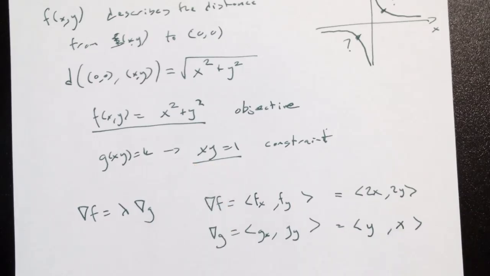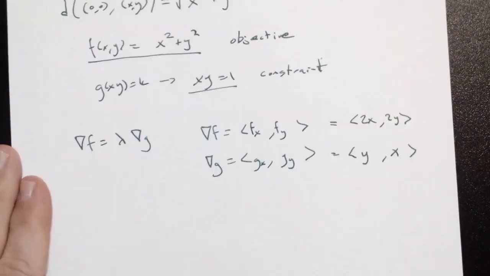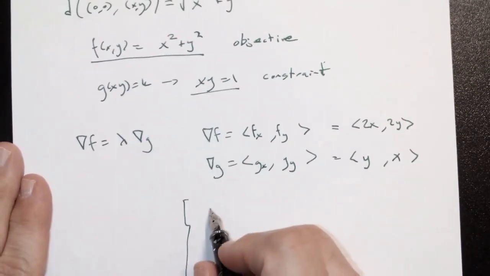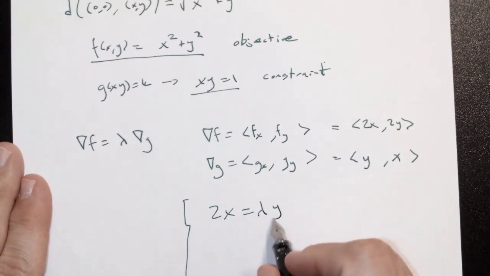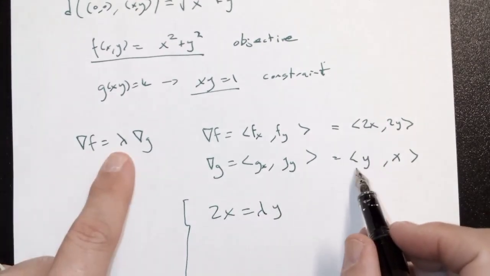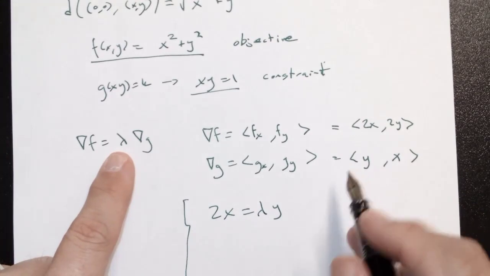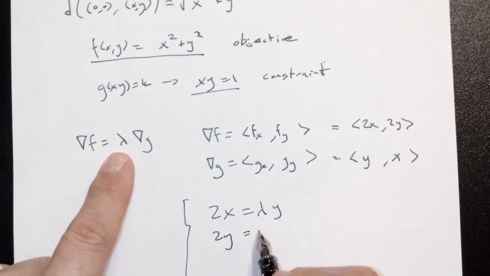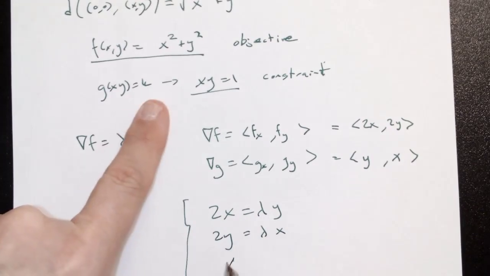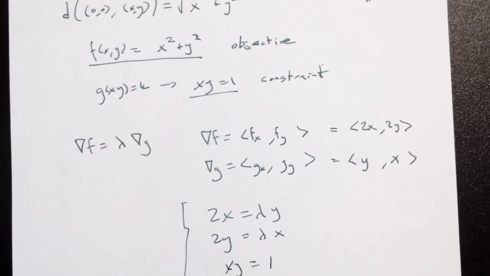So here are the three equations I have to solve together. 2x equals lambda y, because I'm multiplying lambda times the gradient of g. 2y equals lambda x, and xy equals 1.